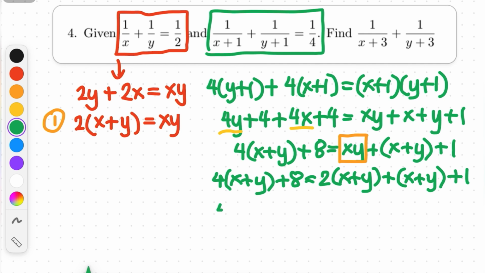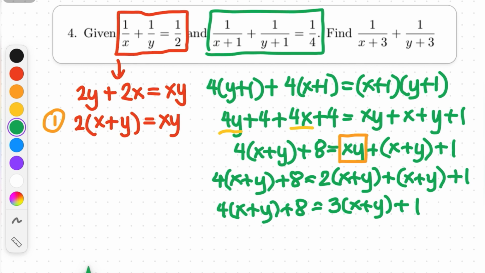And now we have 4 times x plus y plus 8 equals, we can combine these two groups of x plus y, make it 3 times x plus y plus 1.